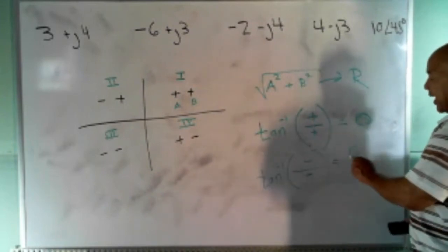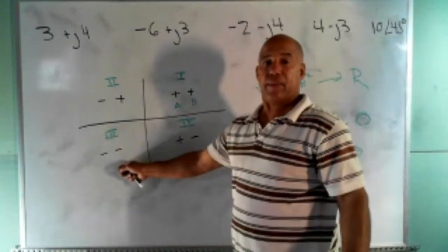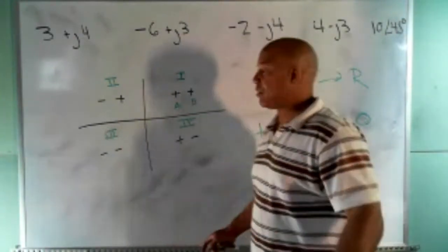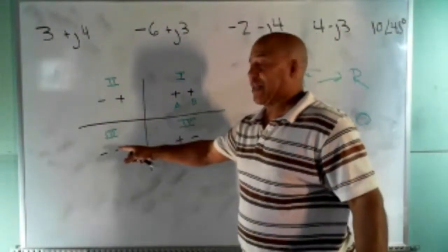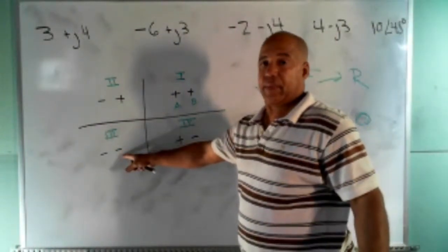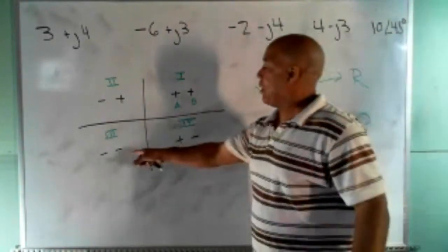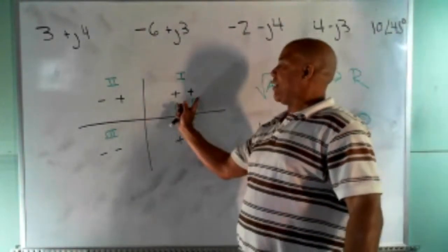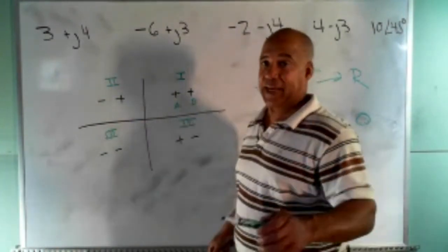So this is going to give you an angle in quadrant 1, but you know you're in quadrant 3. So what you got to do, given a radius vector in quadrant 3, since you know the calculator is going to give you the angle as if you were in quadrant 1, you got to add 180 to it. So when we give you the quadrant 1 angle, you got to flip it back around and add 180 to it. So hopefully that makes sense.